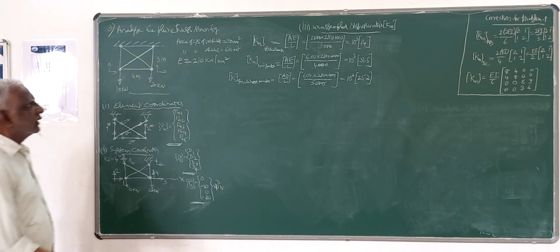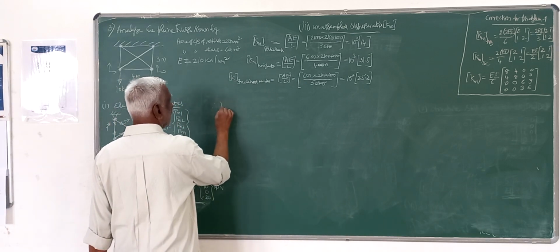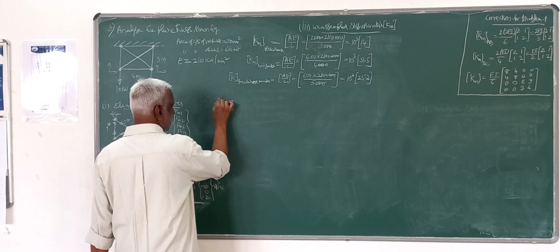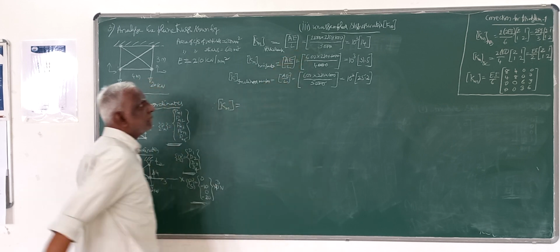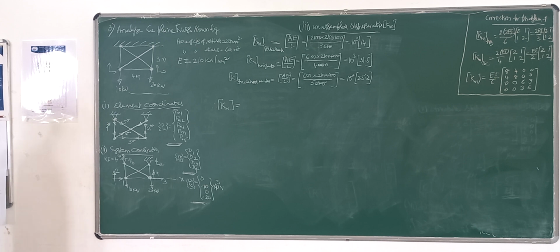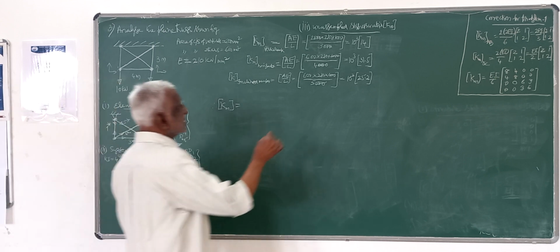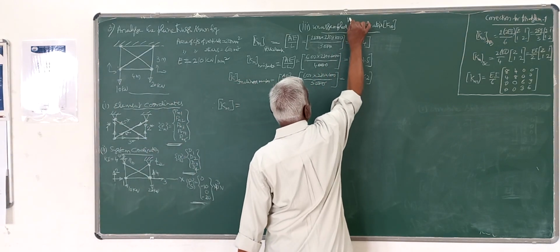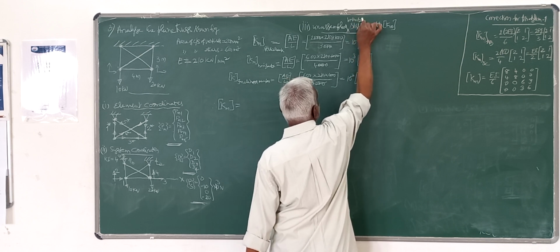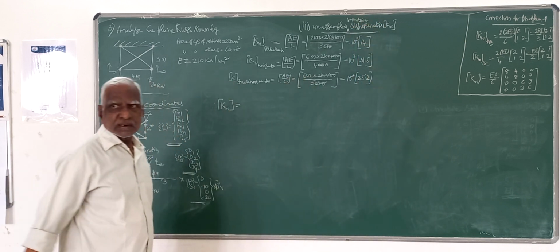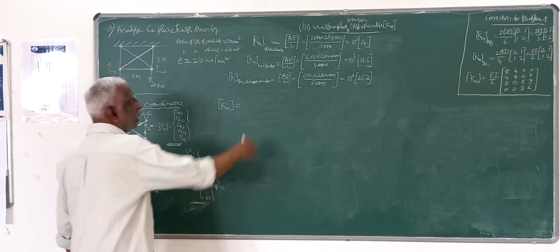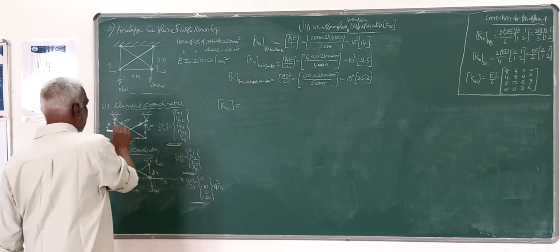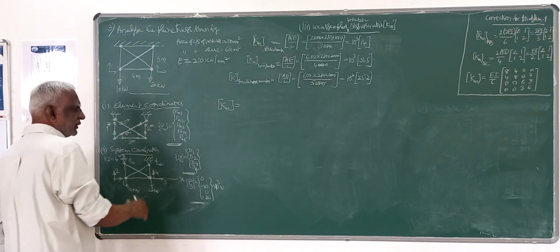That's what we got. Therefore, this is the unassembled member stiffness matrix in local coordinates. So all this stiffness we have calculated for all the 5 members.